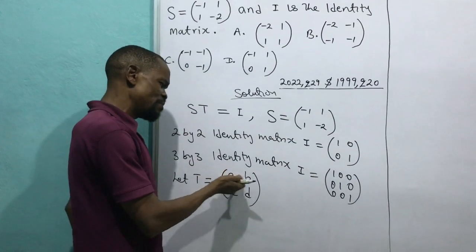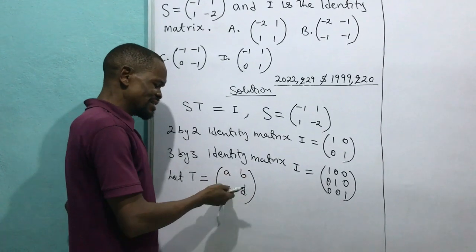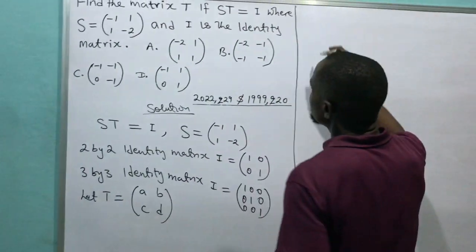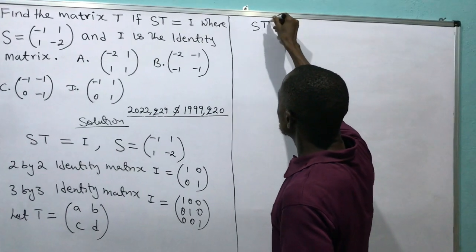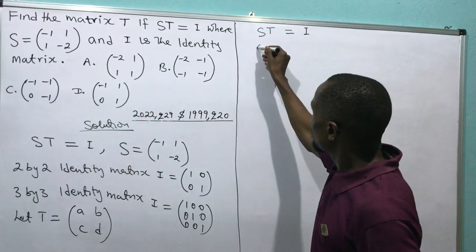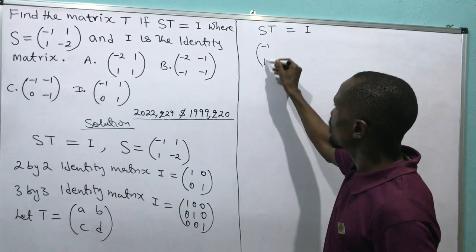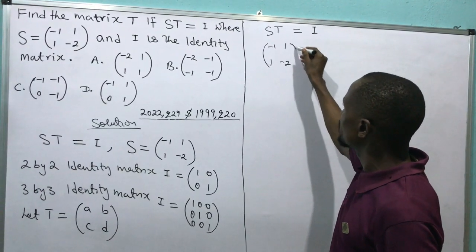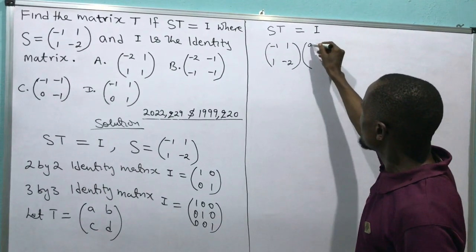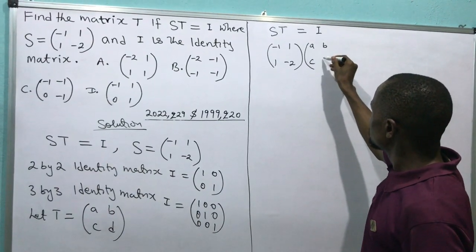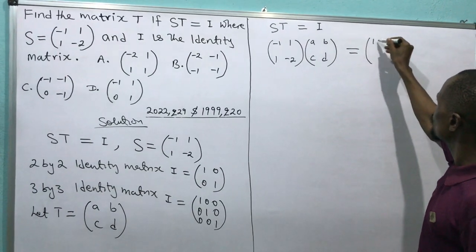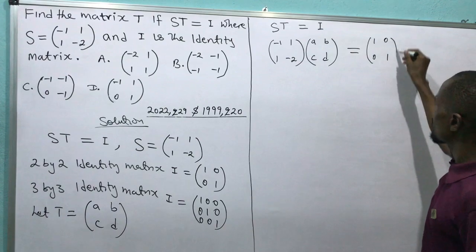I decided to take A, B, C, D. Now I can say XT equals I. My X is minus 1, 1, 1, minus 2, multiplied by T, which is A, B, C, D, equals my identity matrix, 1, 0, 0, 1.